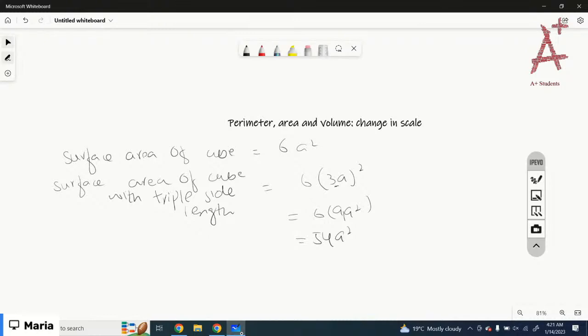Okay, now you have to find the surface area of the triple. So you have to divide the surface area of the cube with triple side length by the surface area of the original cube.